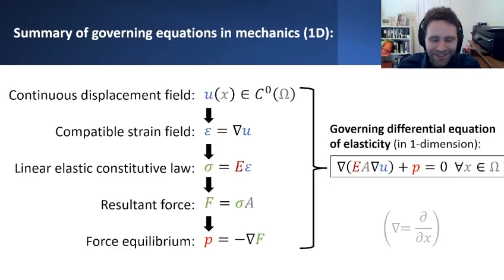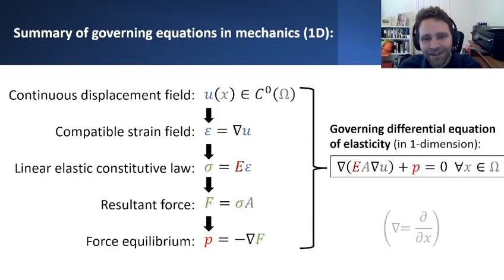The resultant force is just stress times cross-sectional area to give back the resultant cross-sectional force, and force equilibrium of any kind of finite slice of this member is determined as basically this simple governing differential equation, which we could derive, or which we can just recognize as being equivalent to the previously derived one-dimensional relationships expressed in terms of stress, but now just multiplied by cross-sectional area.